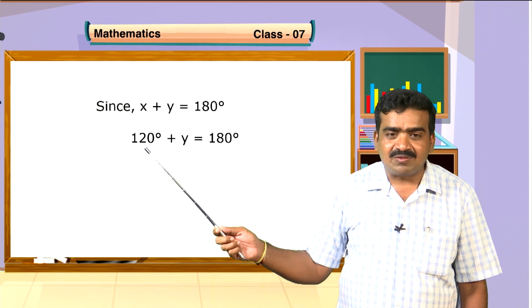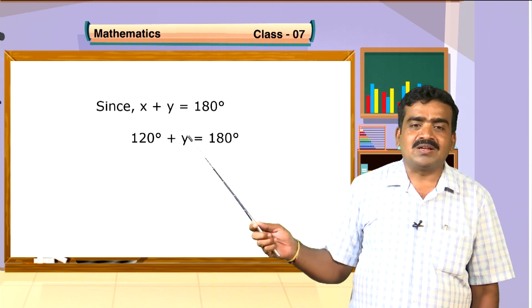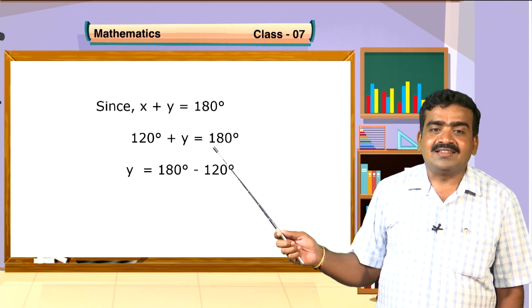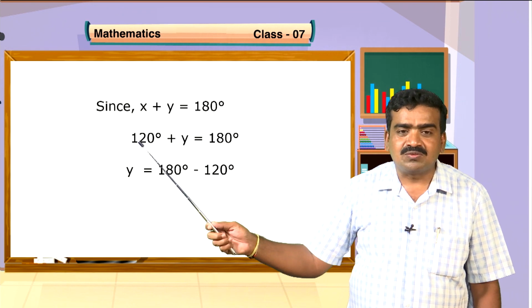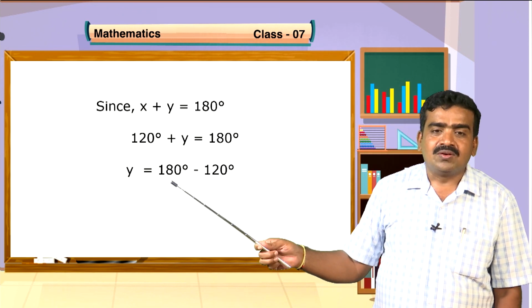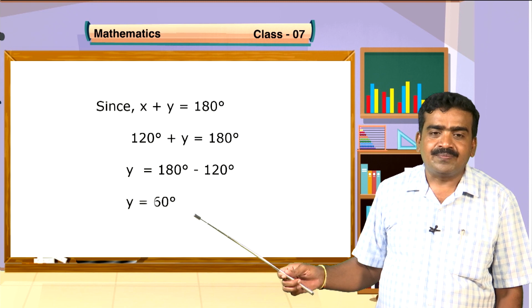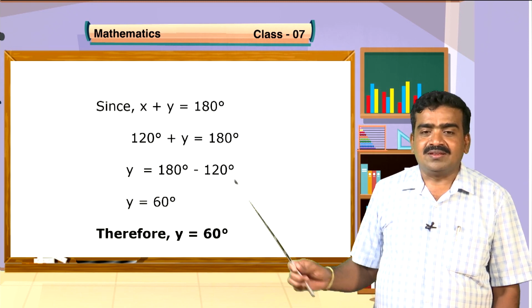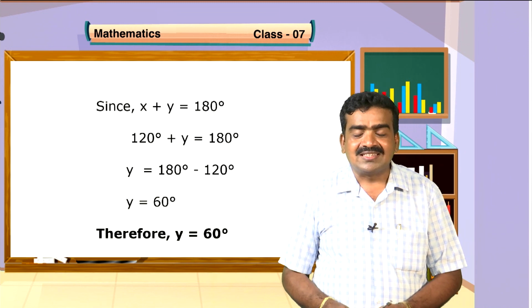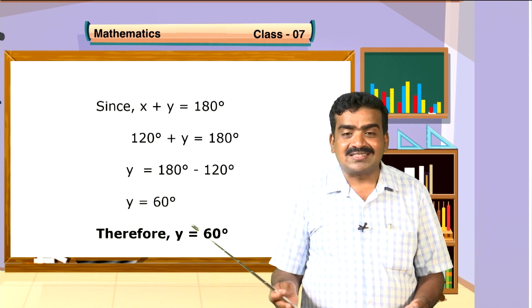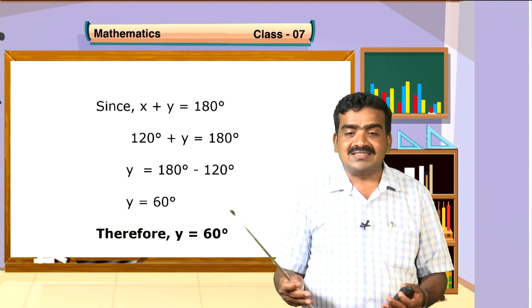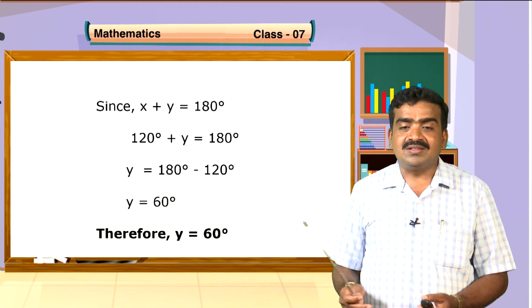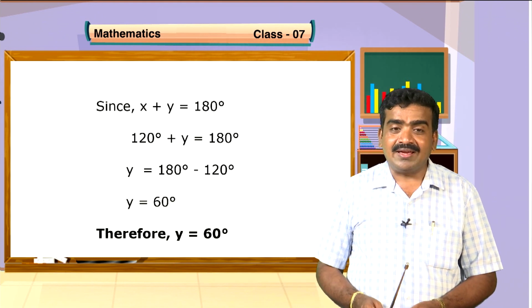Substitute the value of x, 120 degrees, in the equation, 120 plus y is equal to 180 degrees. Then y is equal to, transposing this 120 degrees to the right hand side, 180 degrees minus 120 degrees, which gives us 60 degrees. So therefore the measure of angle y is 60 degrees. Therefore x is 120 degrees and y is 60 degrees. Therefore these two form a linear pair.